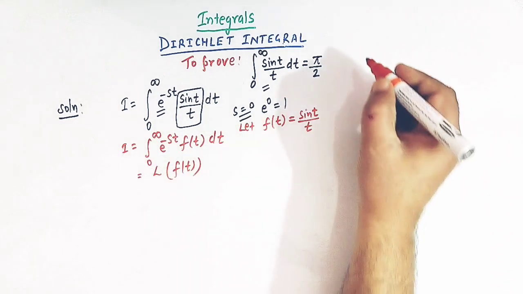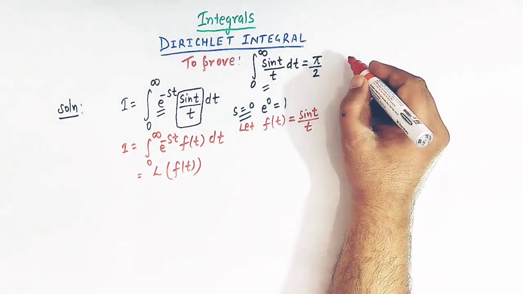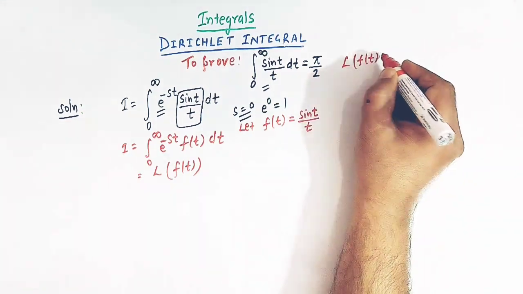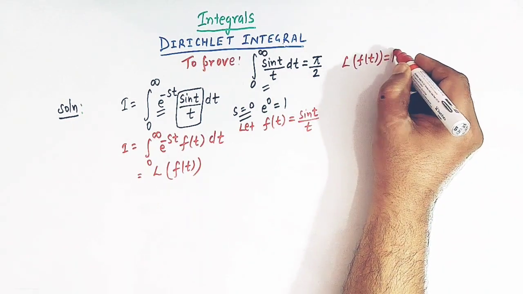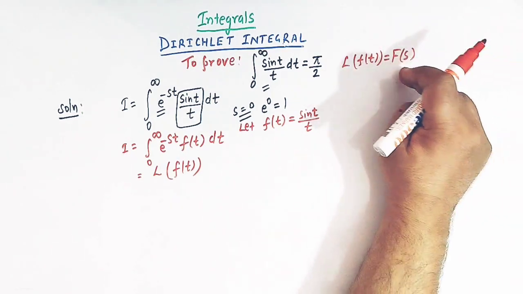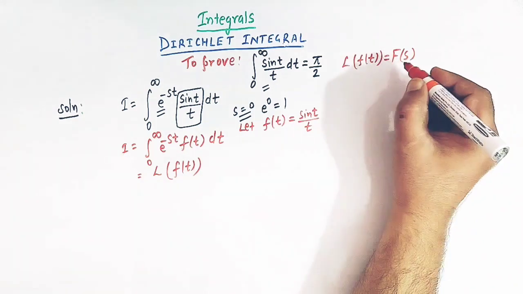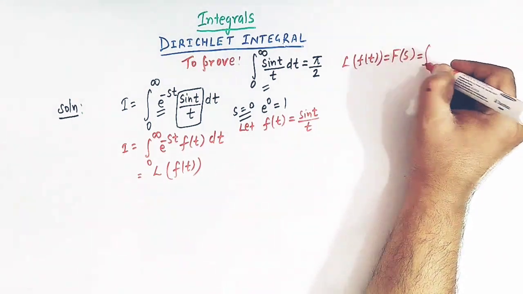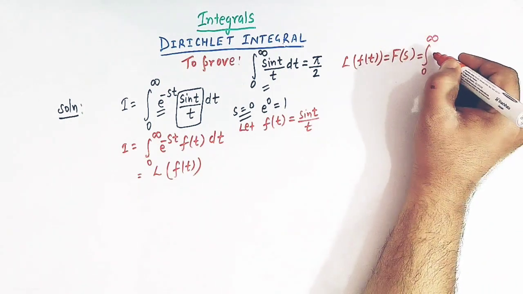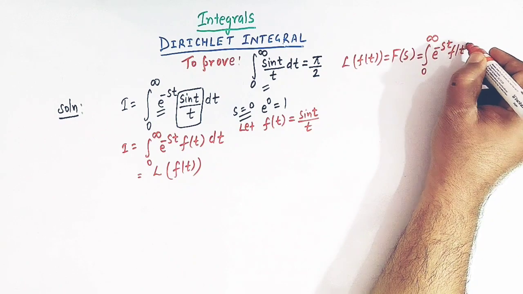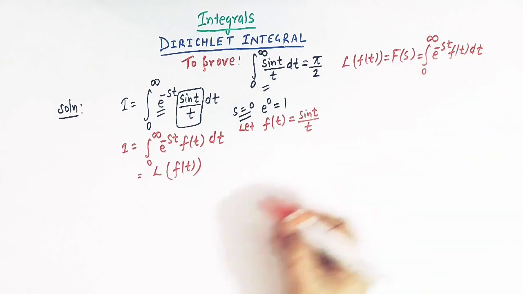Because we know the definition of the Laplace transform of some function, say f of t, is capital F of s. So capital F of s represents the Laplace transform of f of t, and capital F of s is given by this integral 0 to infinity e raised to minus st f of t dt.